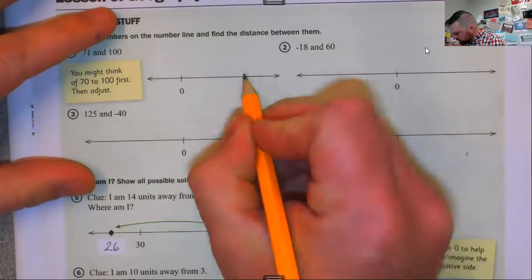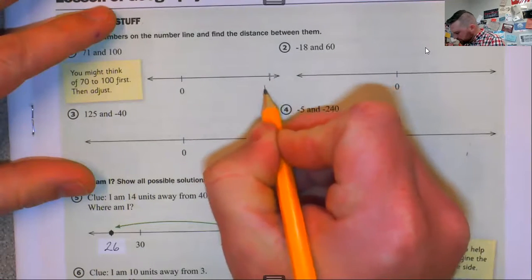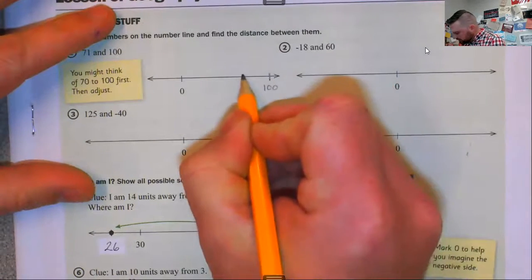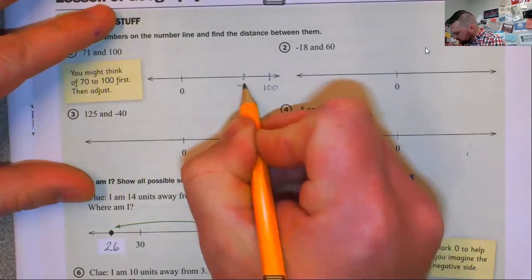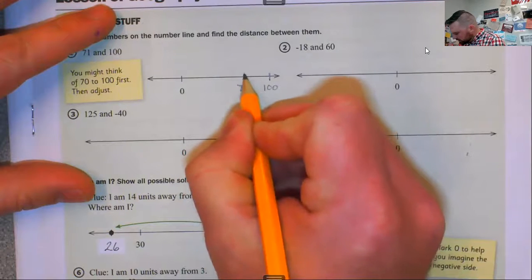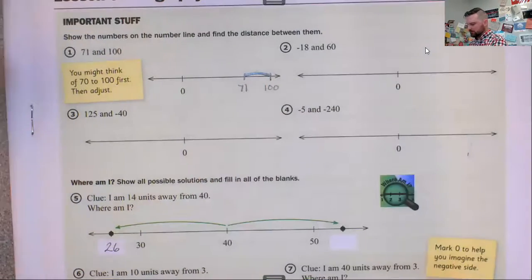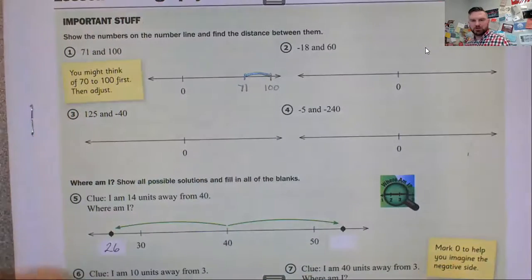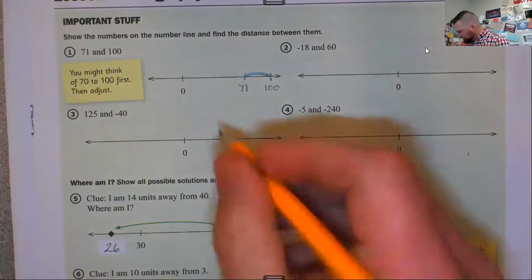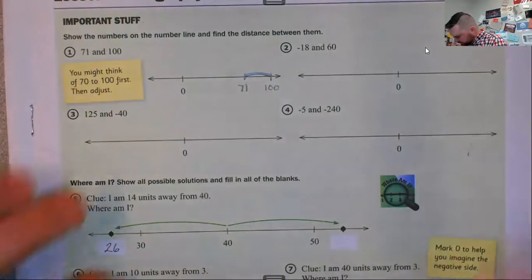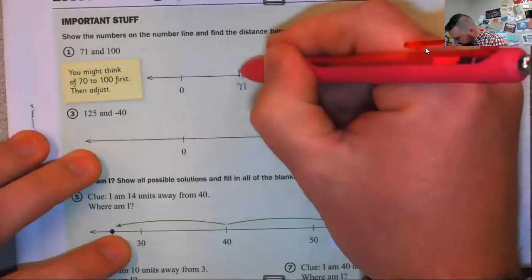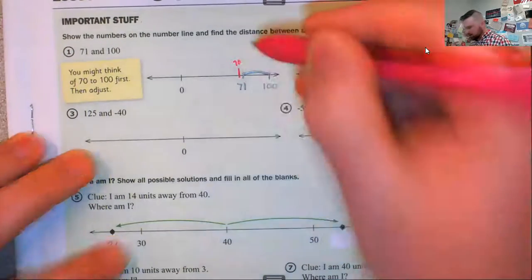So we're going to mark, let's say this is 100. I know that's the bigger one. And then back here somewhere is 71, and I want to adjust that. Or I want to find that distance in there. And it says think of 70 and adjust it. Well, 70, the number 70 would be right here. So 70 is right there.